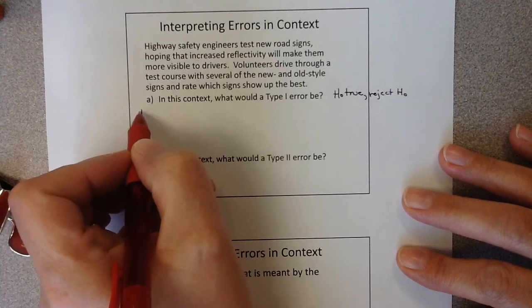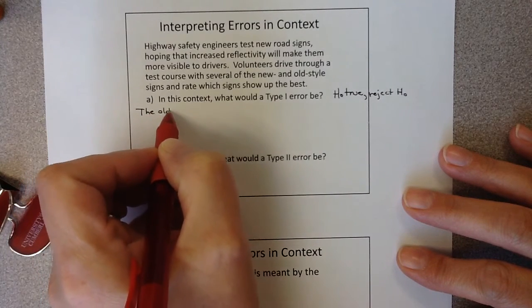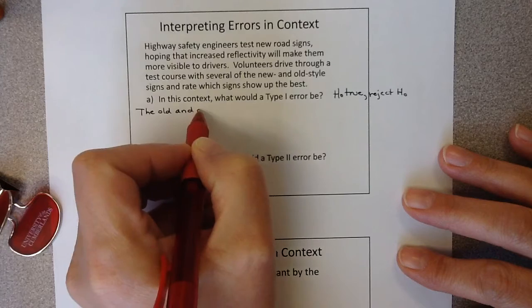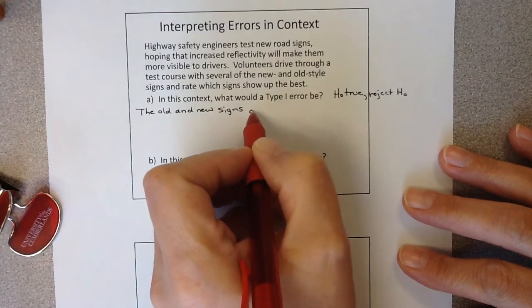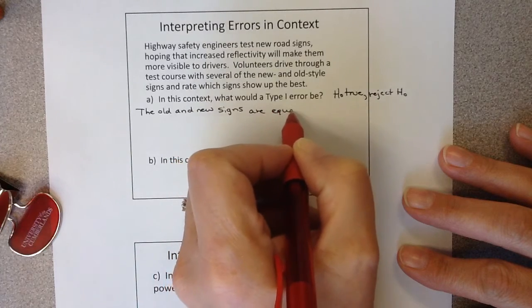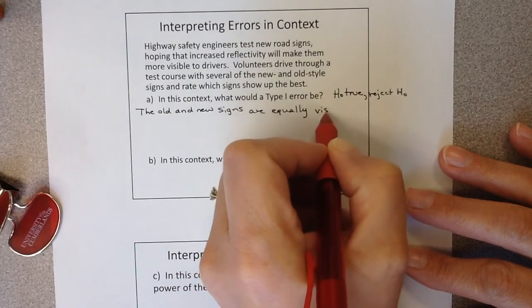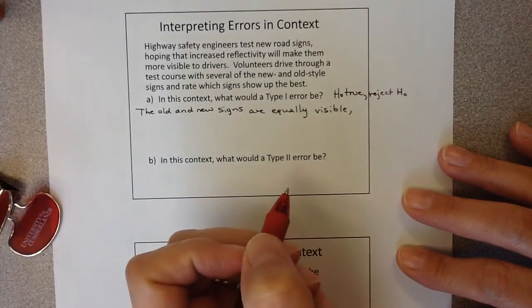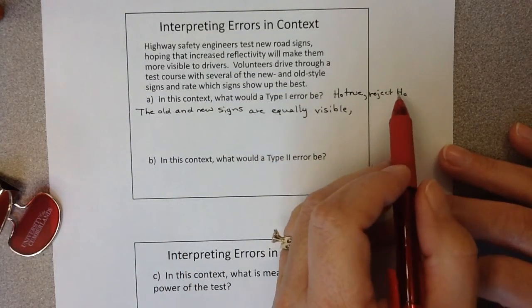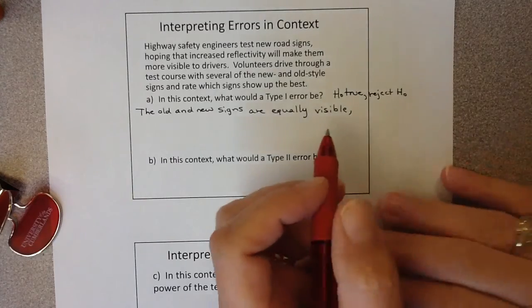So the old and new signs are equally visible. So that's the true null in context. But by rejecting it, we think the new ones are better.